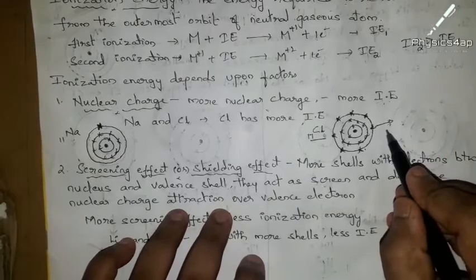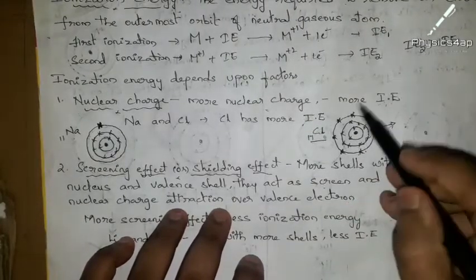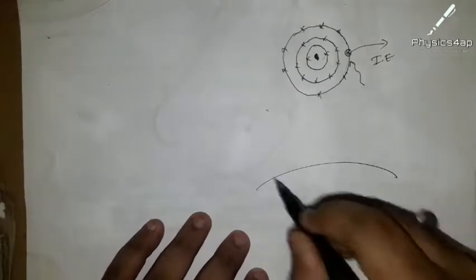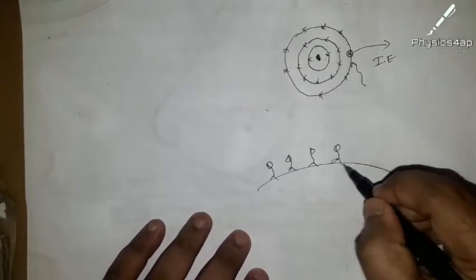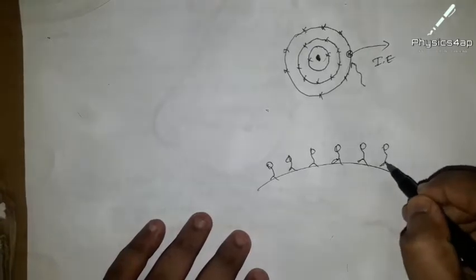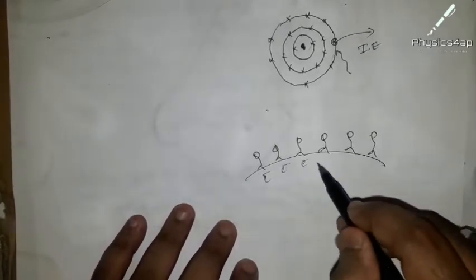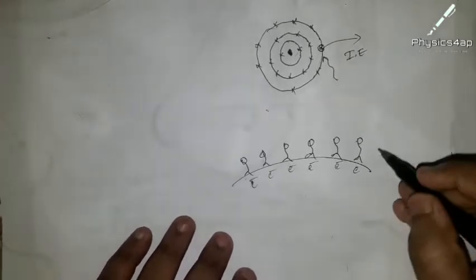Just like in a thread, suppose they have 1, 2, 3, 4, 5, 6. These are the 6 electrons present in the outermost orbit of chlorine, and I am removing 1 electron from them.